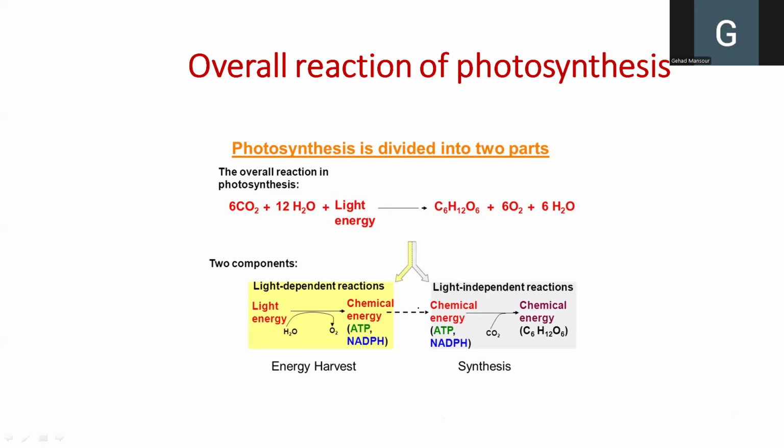Why? Because the term light-independent reaction gives you the impression that this second stage of photosynthesis that occurs after the energy harvesting stage, and where we synthesize glucose, does not depend at all on light. Although actually, light-independent reactions cannot occur if they are not preceded by light-dependent reactions.